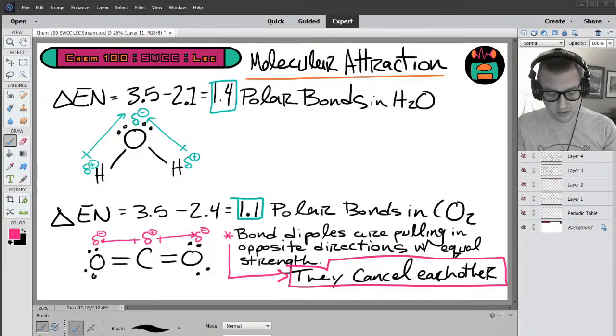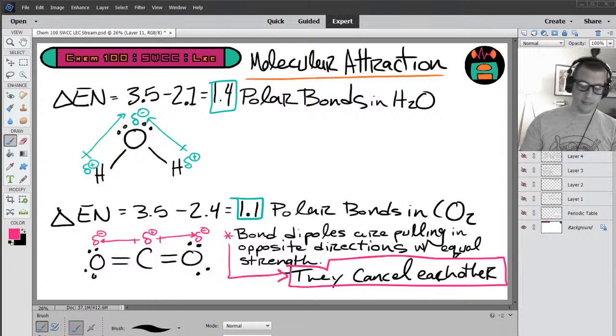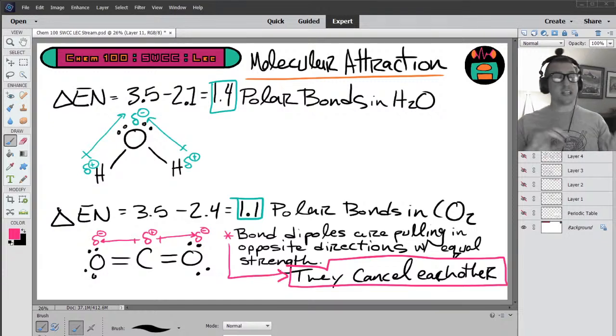Brianna, great question. The partial negative will always go on the atom with the larger electronegativity number, and the partial positive will always go on the atom with the lower electronegativity number.